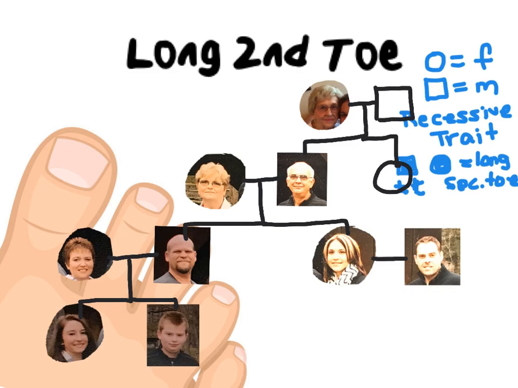So now, as we trace this through, first thing I need to mark is who has those long second toes. So my dad has the long second toe, so that automatically will make him lowercase, lowercase. So that means he is shaded in. So I'm going to go ahead and outline that. Make that a little bit easier to see here. And he is lowercase, lowercase. I also have a long second toe.